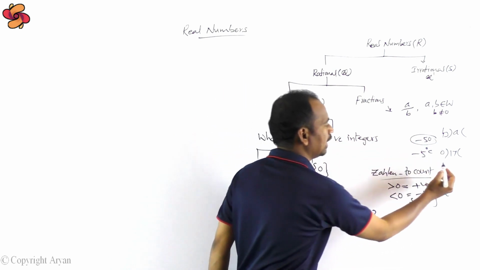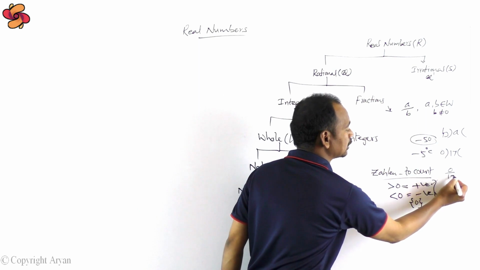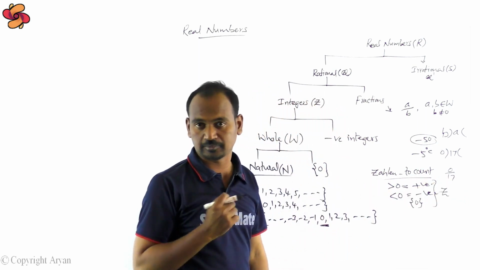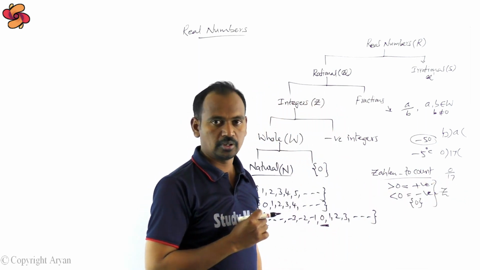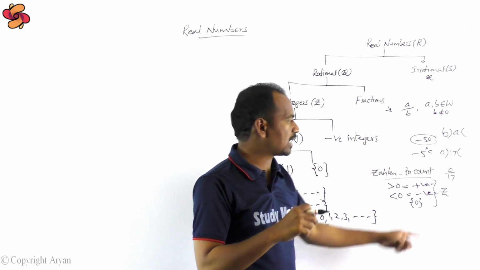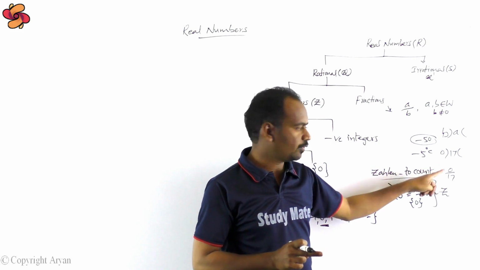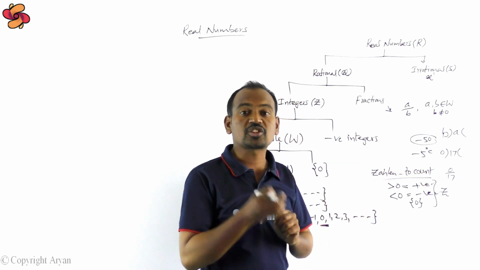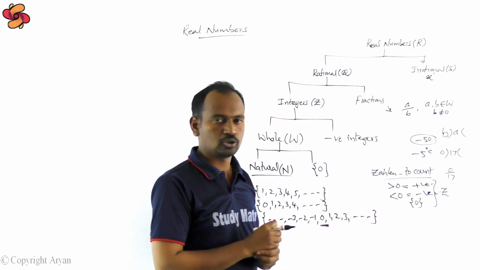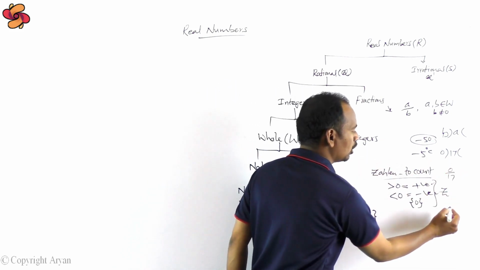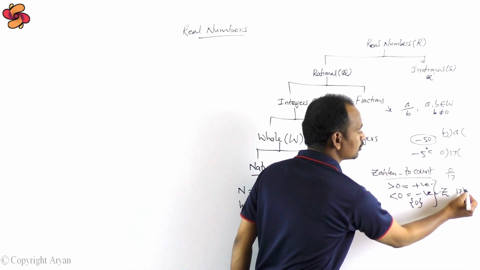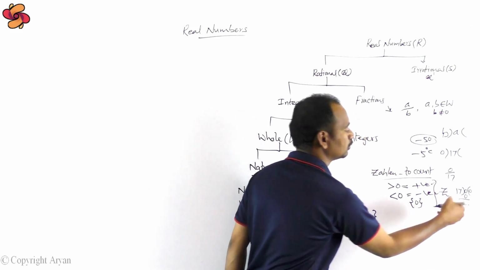So if you have 0 by 17, the fraction we have, in that case, what does it mean actually? You have to divide this 0 with 17. Now this time it is possible. 17 zeros 0.